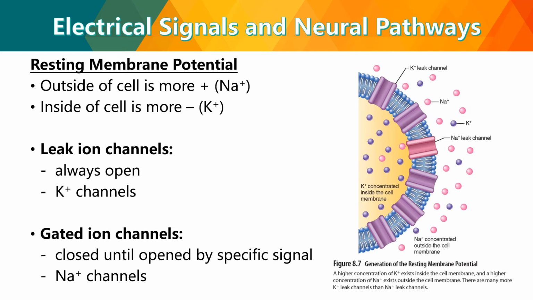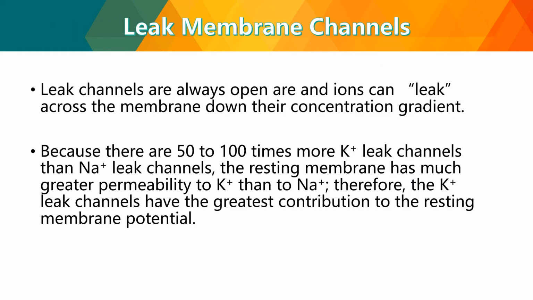But gated ion channels are generally closed, but they can be opened by a voltage change brought about by sodium ions, or by the presence of chemicals like neurotransmitters, just like in muscle contraction, like acetylcholine. So the leak membrane channels are always open, and ions can leak across the membrane down their concentration gradient.